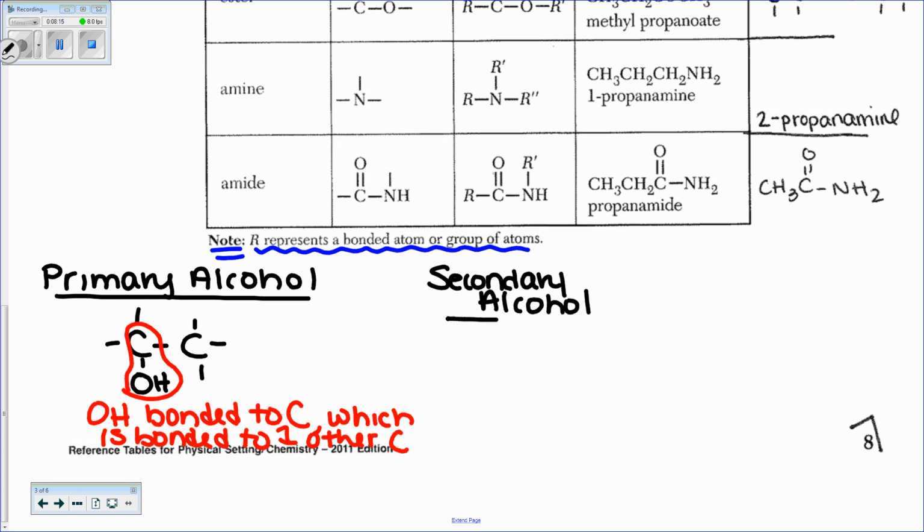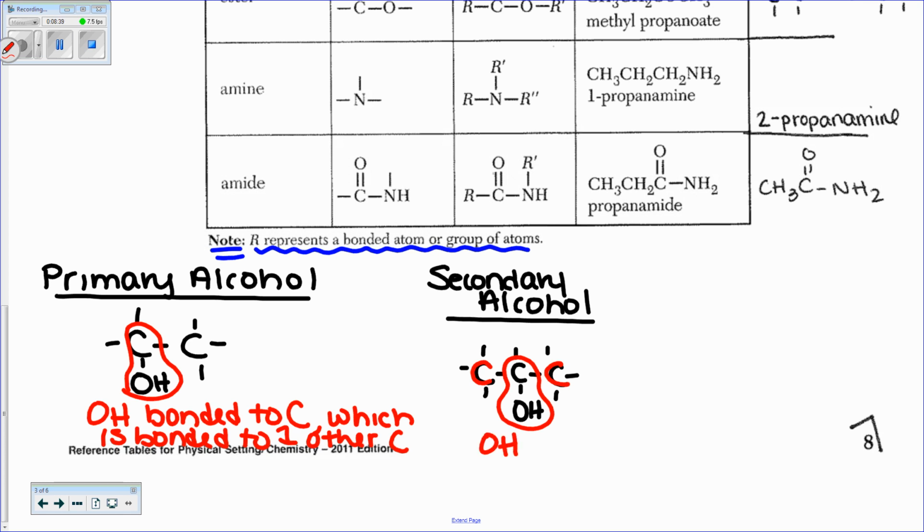That's going to be a little different than if I see a secondary alcohol. A secondary alcohol would be something like this. Let's say I've got 3 C's, and I put an OH group here, making 2-propanol. If I look at the carbon that has that OH group on it, it's actually touching 2 other C's.